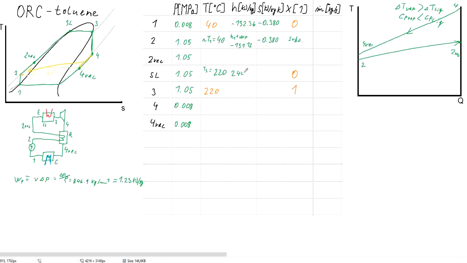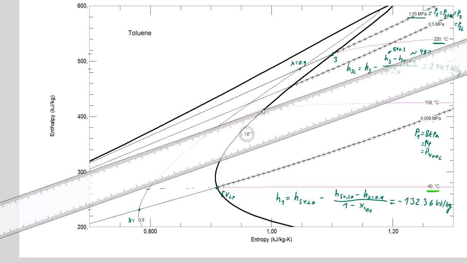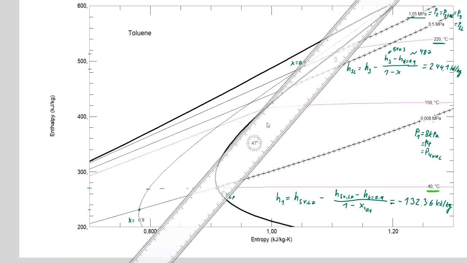So 244.1, and at point 3 we already looked at that as well. It was 514.3. Now for the point 3, we also want to get the entropy, or at least in the diagram, following process will be isentropic.